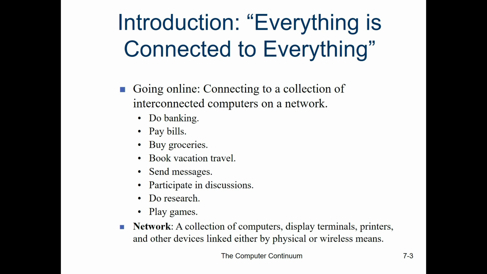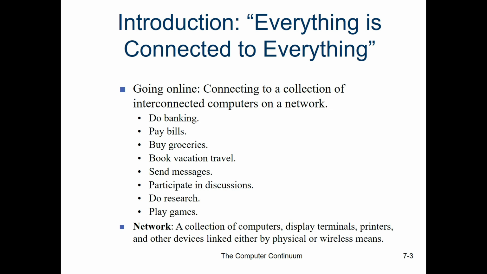You can do banking, pay bills, buy groceries, book vacation travel, send messages, and so many other things. If everything is connected, it becomes very easy to communicate with those people or devices to get whatever you want from the communication.